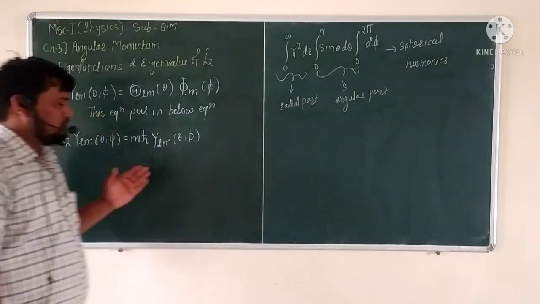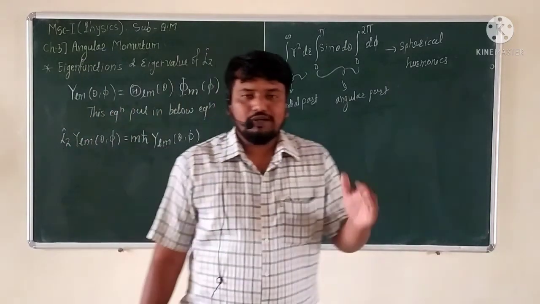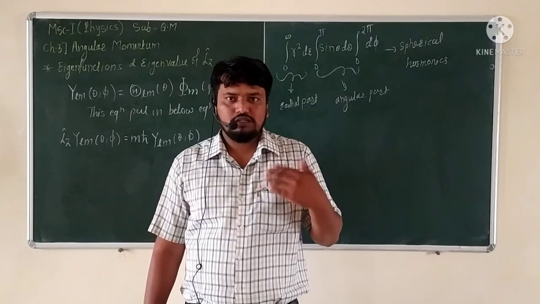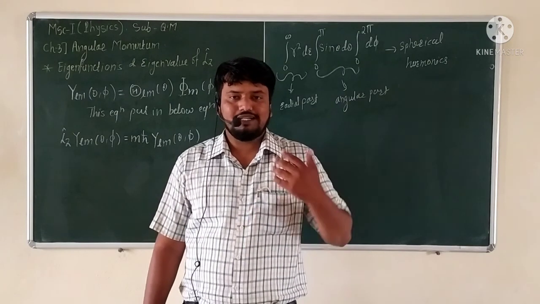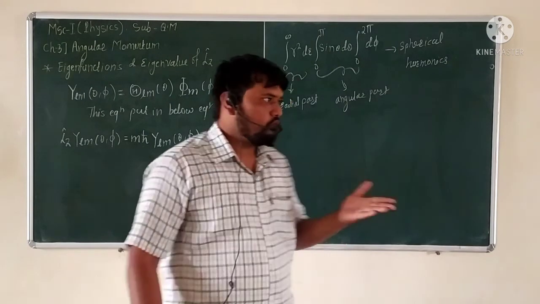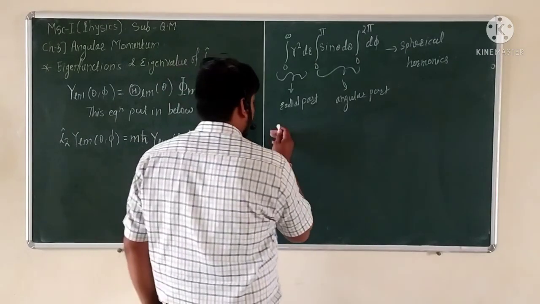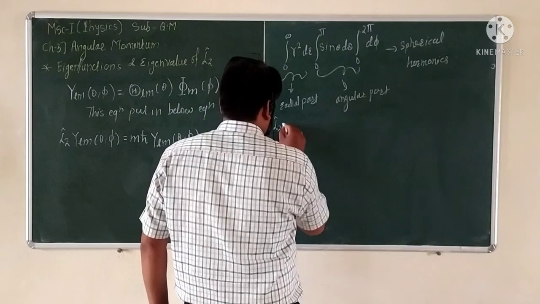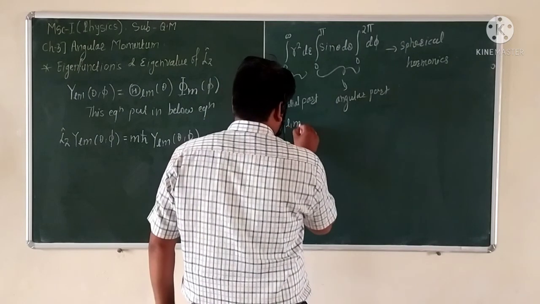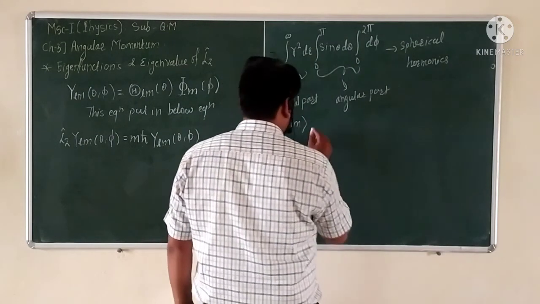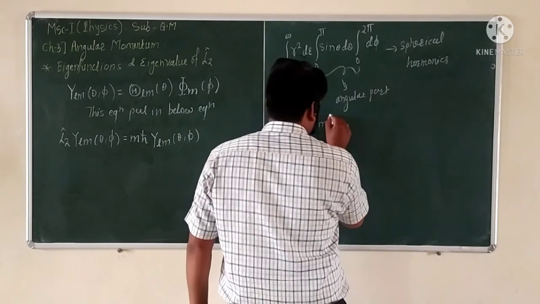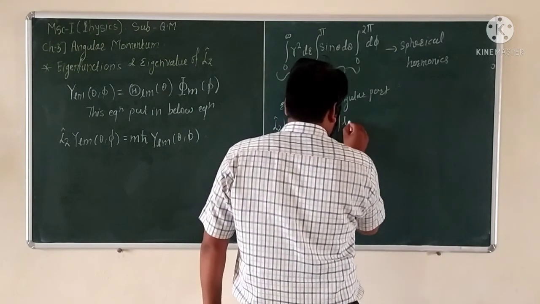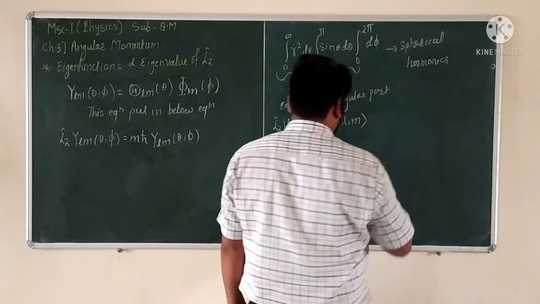You know that in orbital angular momentum, the LZ operator acting on L and m gives m h cross times L comma m.